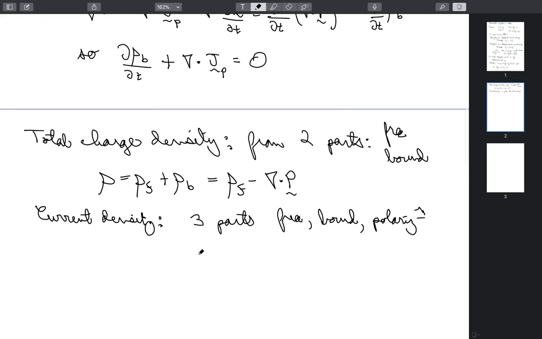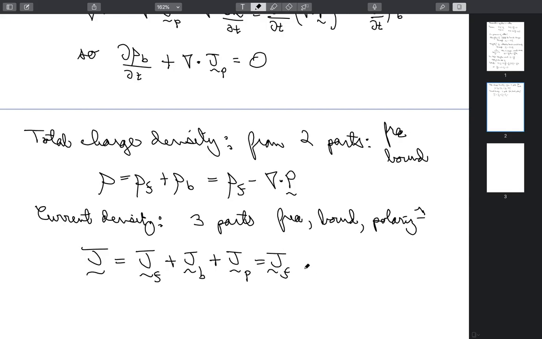So really what I want to write is that the total current density that I have in my system, I will view as being composed of free currents. So these are the ones that essentially you control yourself in your lab setting. I will have the bound currents, which are the volume density of magnetic dipoles in your system, and I will have the polarization current, which just comes from the time dependence of your actual polarization. So again, I can use the identities that we've seen before to rewrite this.